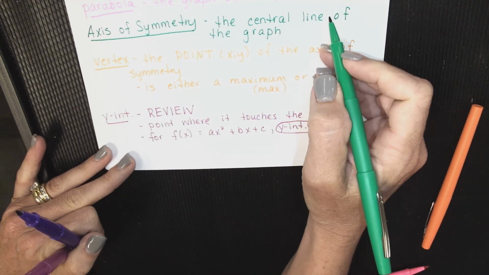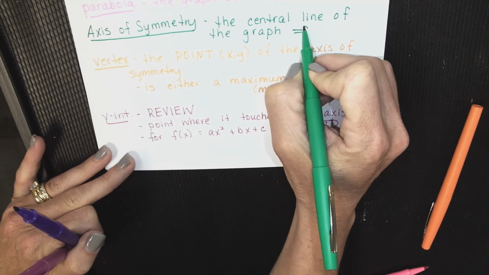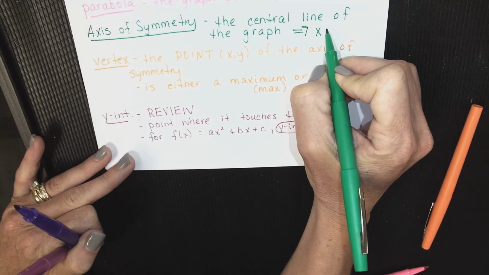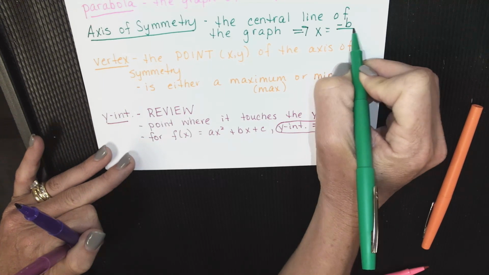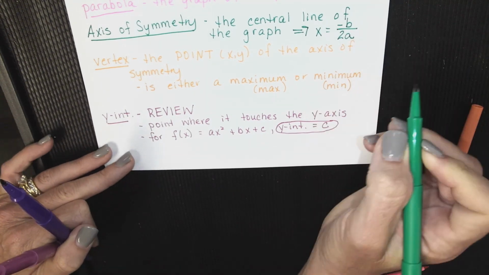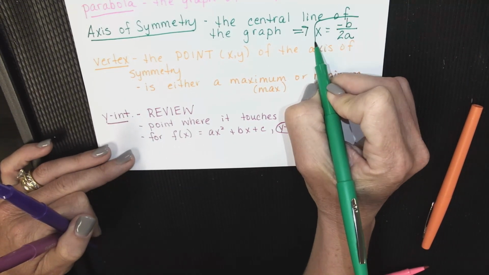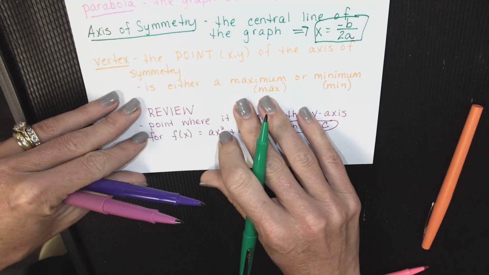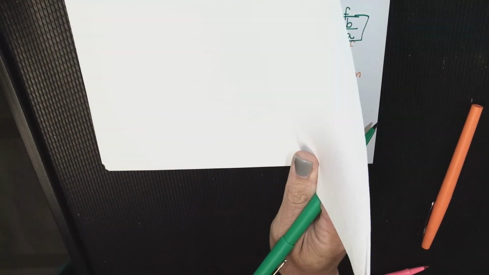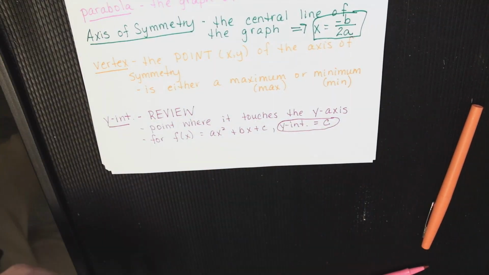Going back to axis of symmetry, this is equal to negative b over 2a. I'm going to box this. I'm going to let you write that down, and then I'm going to give you an example of what I'm expecting of you.